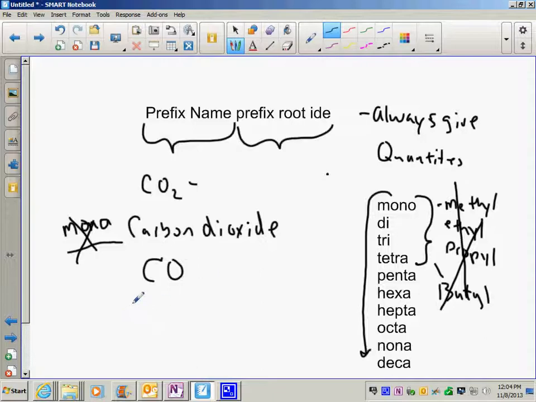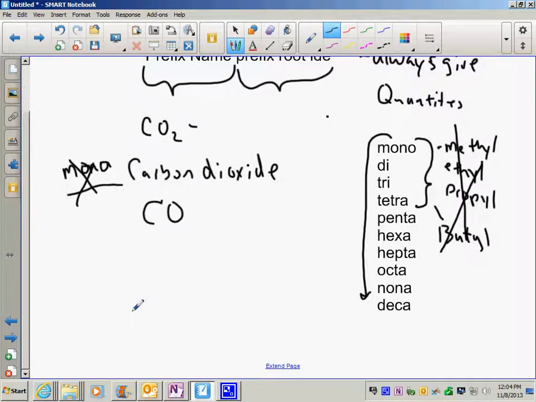CO is a chemical that is produced in incomplete combustion. Many of you may have carbon monoxide testers in your house. It's commonly referred to as a silent killer. It's colorless, odorless, causes flu-like symptoms, so it can be deadly.